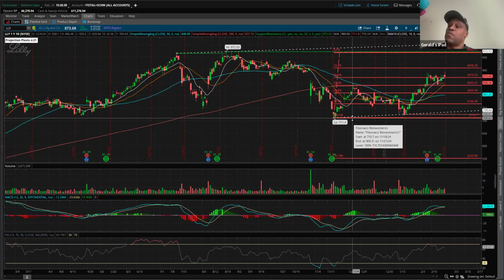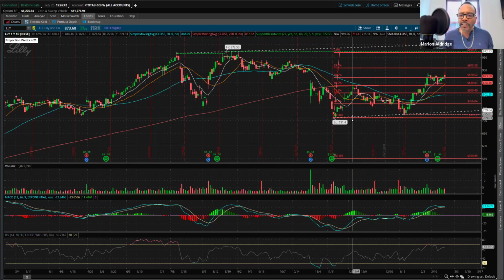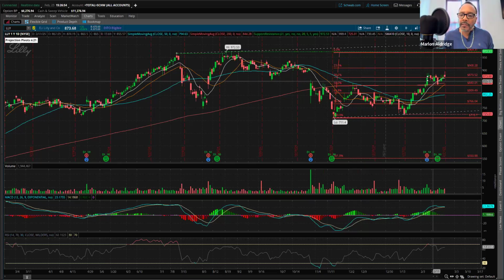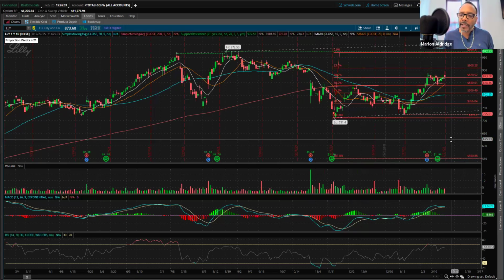Look how those numbers, remember what I said about that 23 to 38 and the 61? Look where it's trading at. That 38. Look at all these values right here. They're hovering around $870.